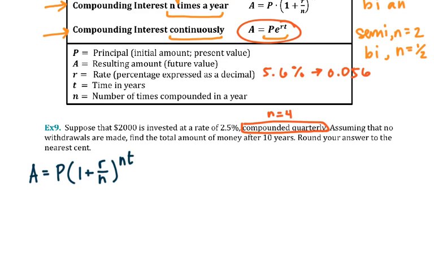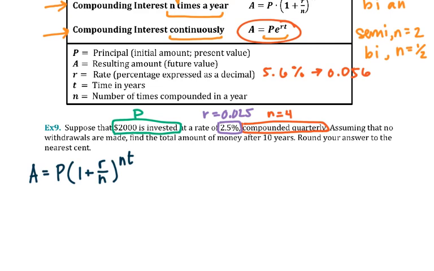So we're going to set this up with what we know. We have a principal, 2,000, and that is what was initially invested. So that's my P. And then we have an interest rate, 2.5%. R is going to equal 0.025.